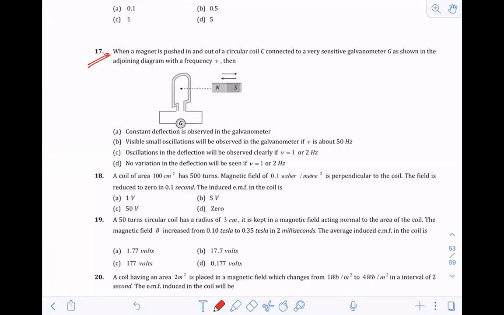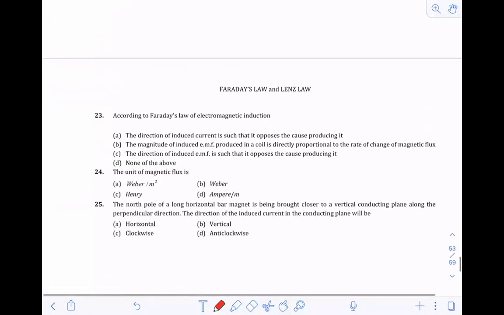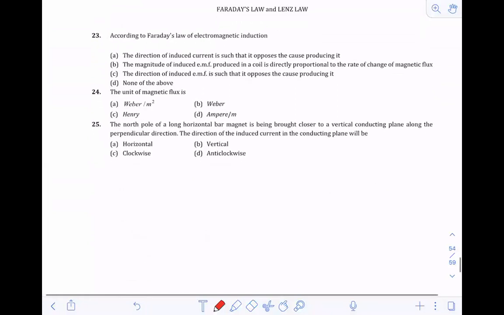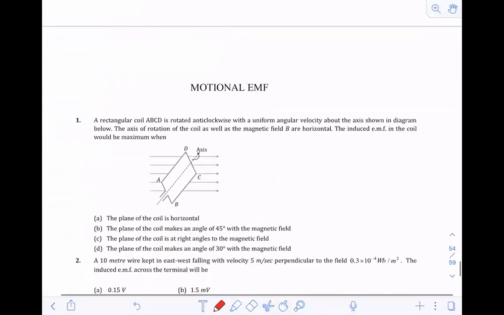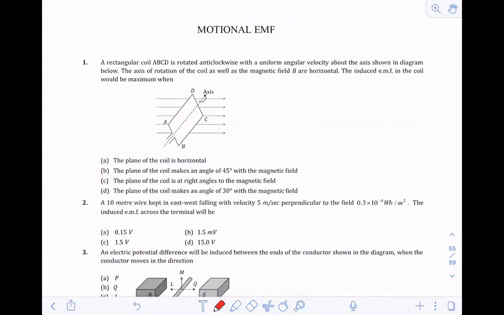Is it fine? So I told you that we'll start with motional EMF questions. So here are the questions of motional EMF for you to practice. We'll start one by one. Shall I solve these questions, or will you solve first, and then after that I'll help you solve? Can you all hear me?